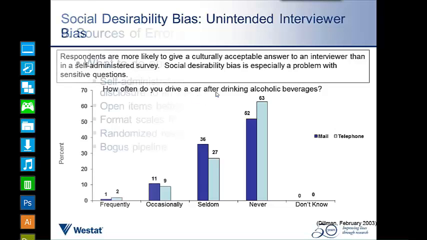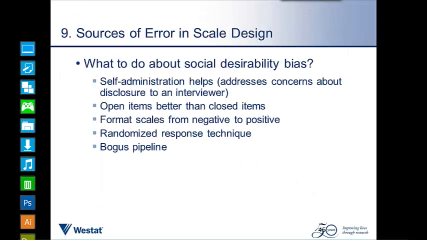David will talk more about this on Thursday, I'm sure, but some of the things we can do to help with social desirability bias is to do a self-administered survey on particularly sensitive topics. And even if you are doing a face-to-face survey, you can hand the questionnaire over to the respondent or turn the computer over to them to answer particularly sensitive items.